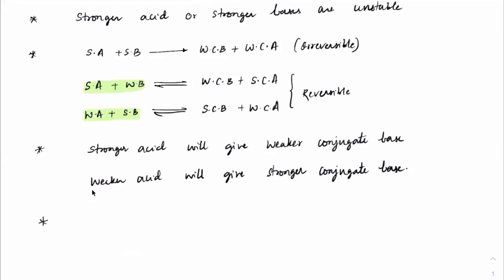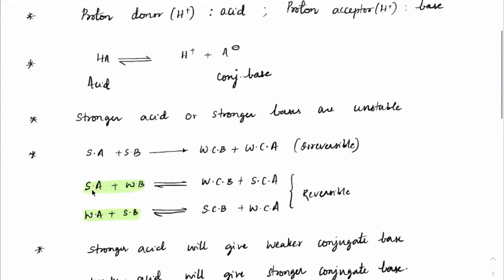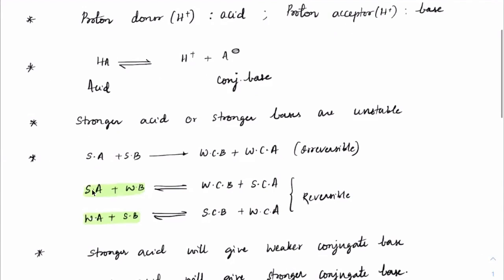And in case we have a strong acid and strong base, the reaction will give you a weak conjugate base and weak conjugate acid. The backward reaction is normally not very favorable thermodynamically.